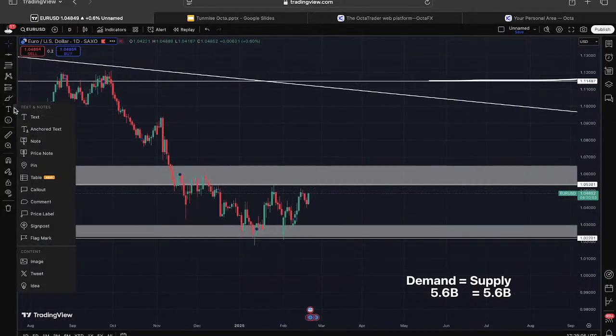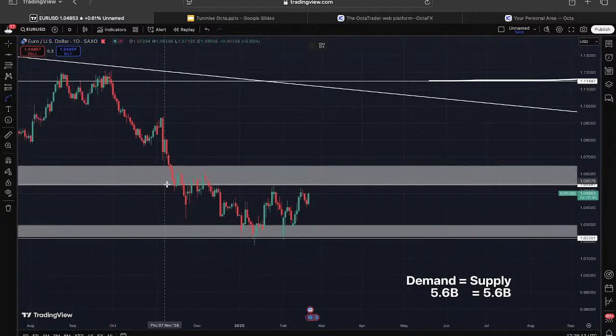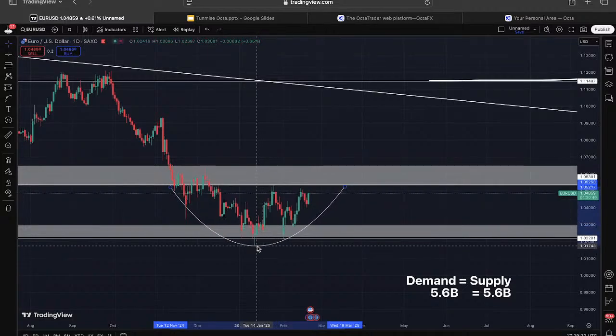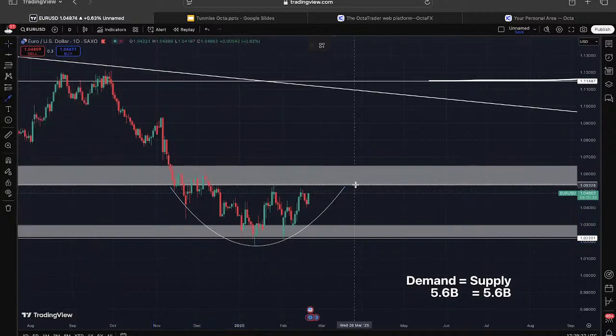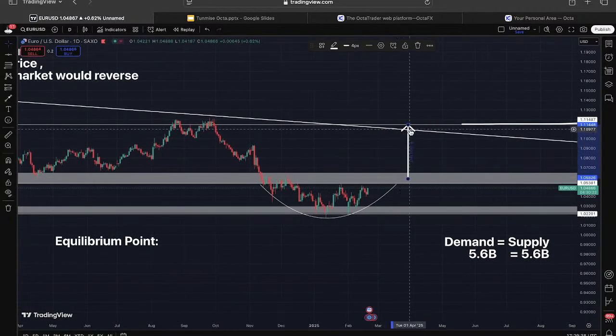If this curve that is building up gets completed and price closes above, then our first target level would be here.